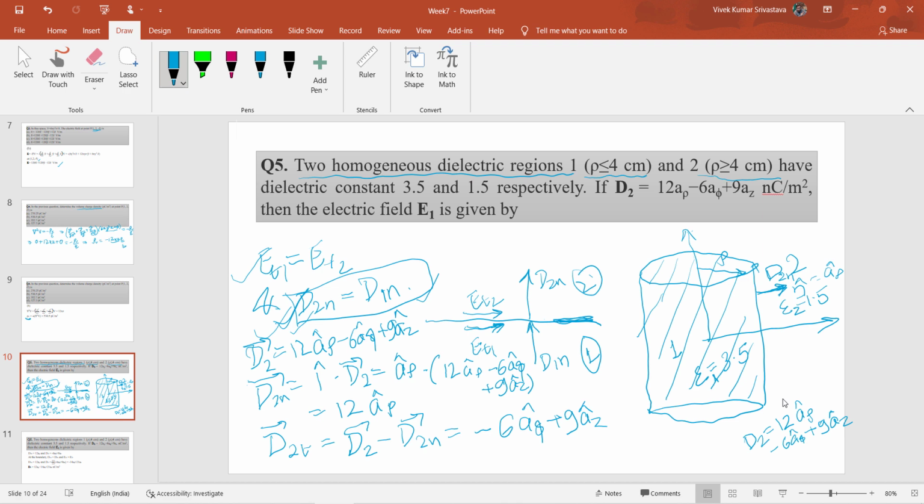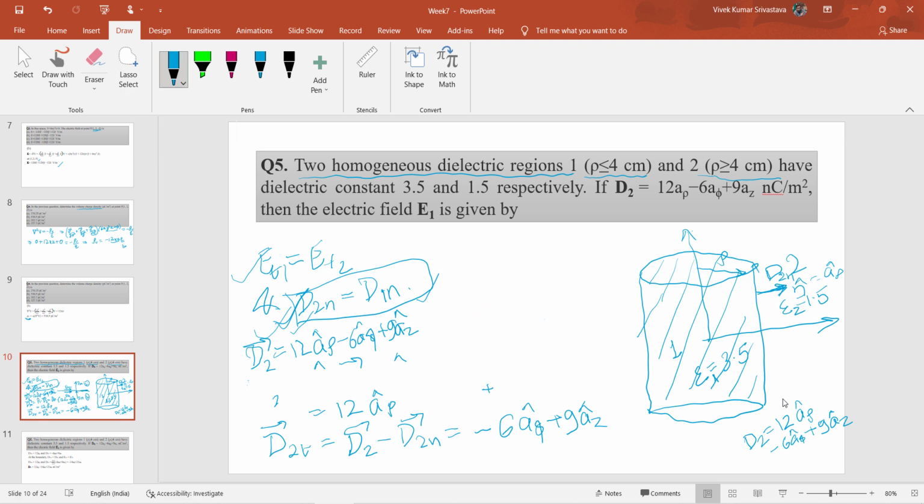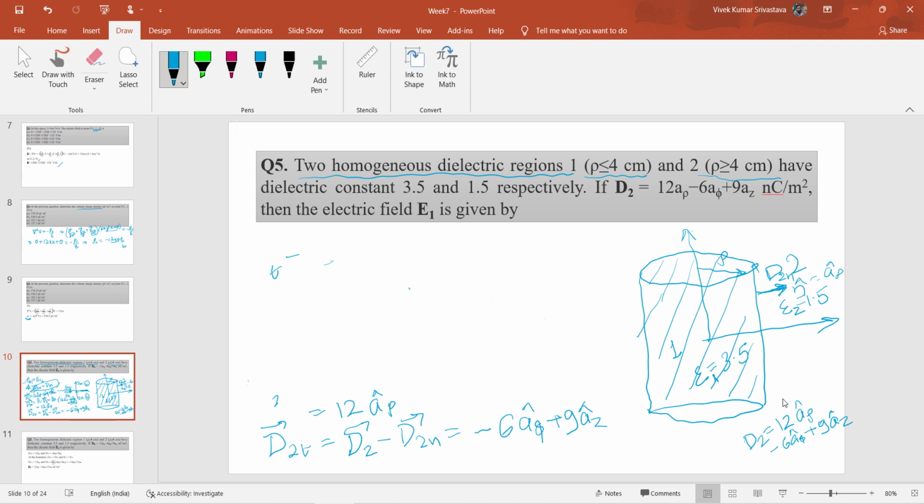That's how you find the normal and tangential components of displacement vector in region 2.